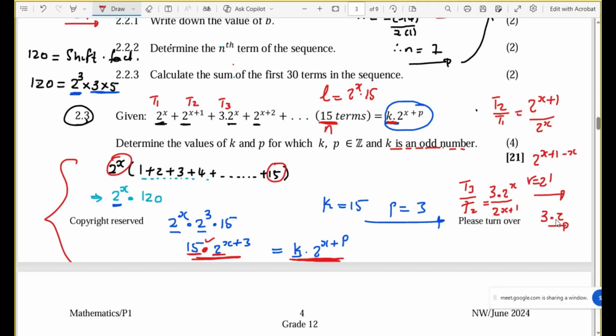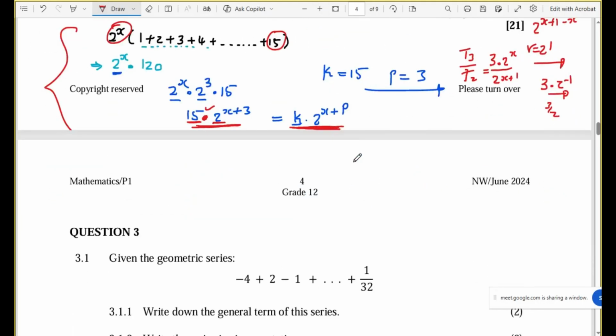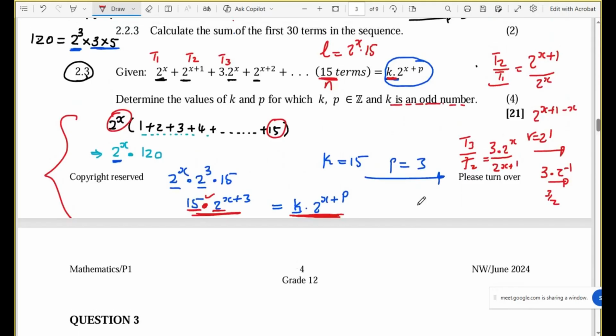I hope you guys understand. So this is not geometric. So the last option is arithmetic, and we will definitely prove that. Let's go and work on this, even if we just do it here.